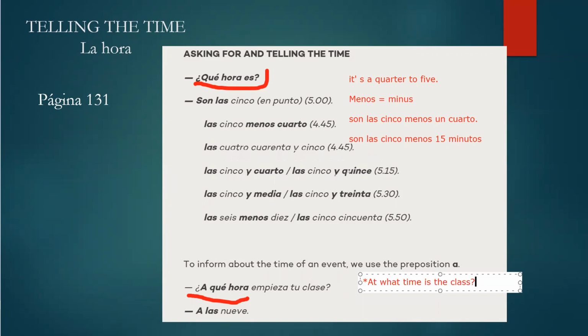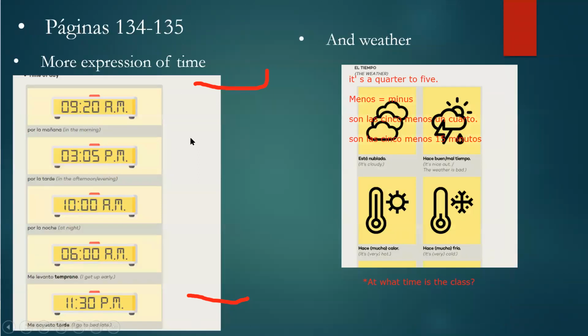Please watch it, and there's a couple of exercises. Let's see if there's something else in this here. Nope. On page 135, there is this exercise here. Oh, I remember now. You see this is AM, so that would be in the morning.